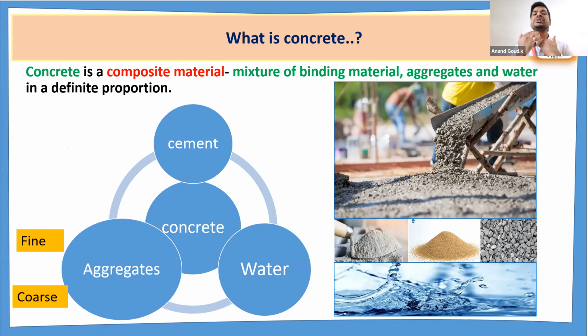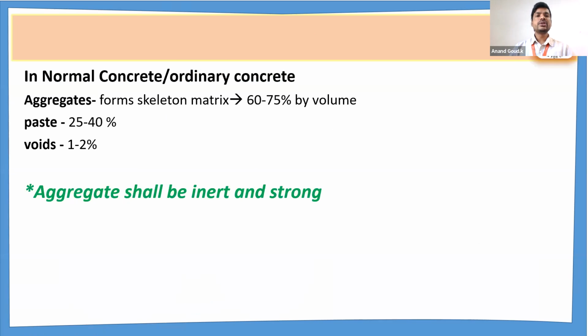Whatever shape or body you are getting is because of these aggregates only. That is why we call it a skeleton matrix. It works as the skeleton of a concrete. And the aggregate percentage in the normal concrete will be 60 to 75 percent by volume.